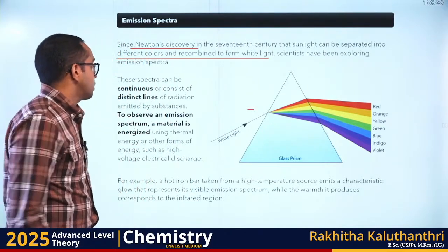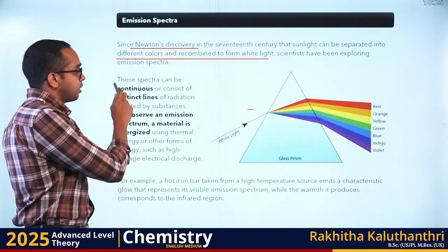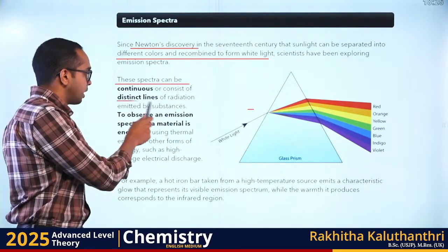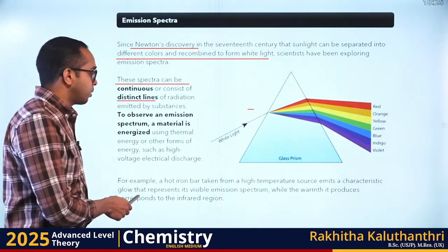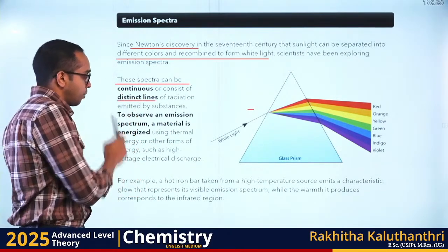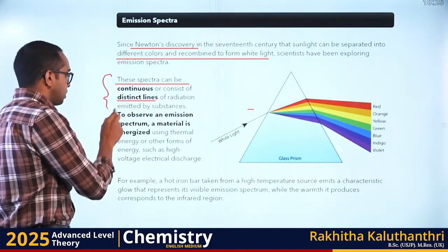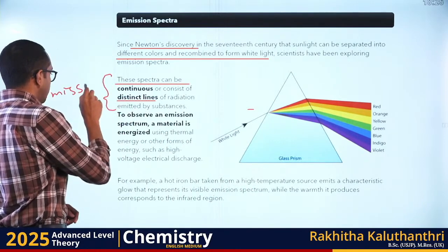So let's say in this paragraph I have included that these spectra can be continuous or consist of distinct lines of radiation emitted by substances. Now this is talking about emission spectra.